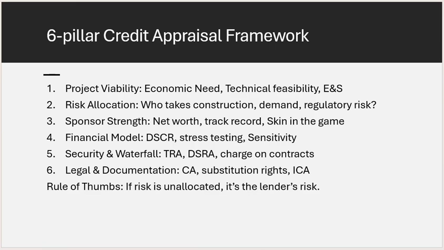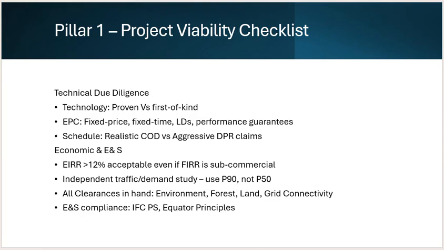So let's discuss the first pillar, where we go through the project viability checklist in detail: technical due diligence, and economic, environmental, and social clearances. In technology, we discuss whether the technology is proven or unproven.